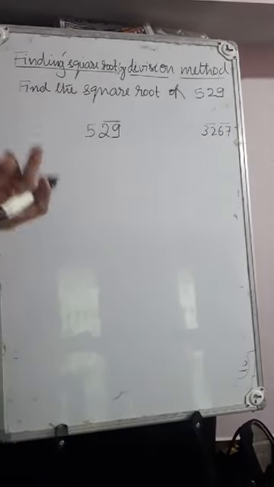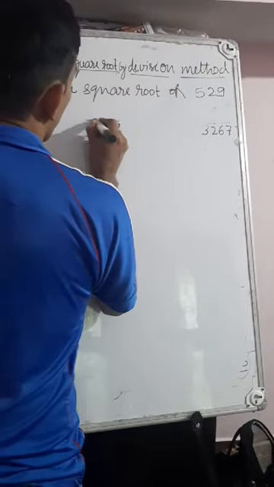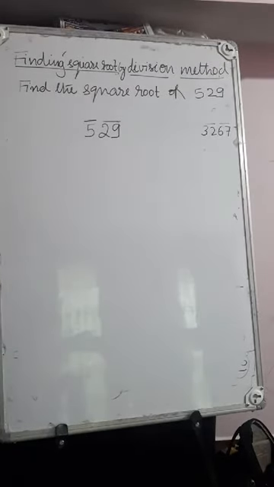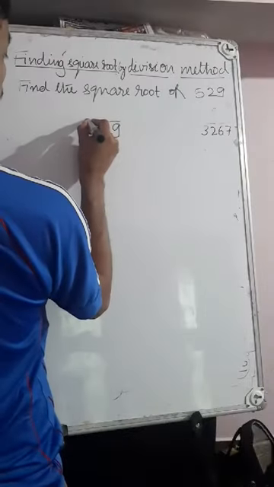In case, after pairing starting from the units place, the number of digits remaining is odd, no problem. If a single digit remains at the leftmost without a pair, you need to consider that digit also as a group, and place a bar over it.